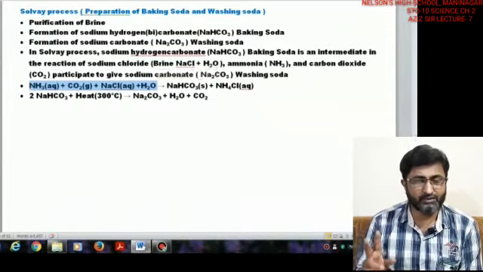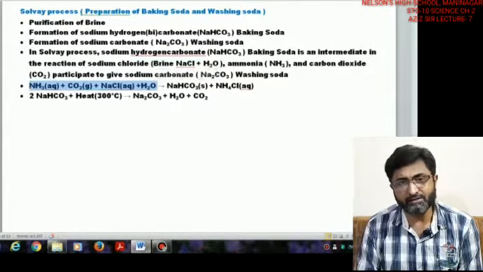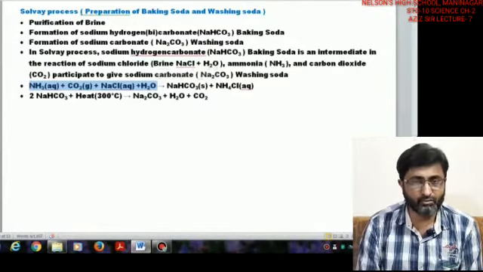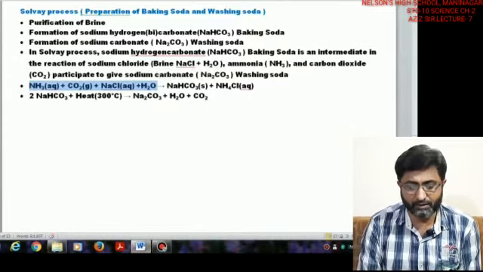The first is NH4Cl, ammonium chloride, and the second is NaHCO3, sodium bicarbonate. The major product we want here is sodium bicarbonate, which is nothing but baking soda.